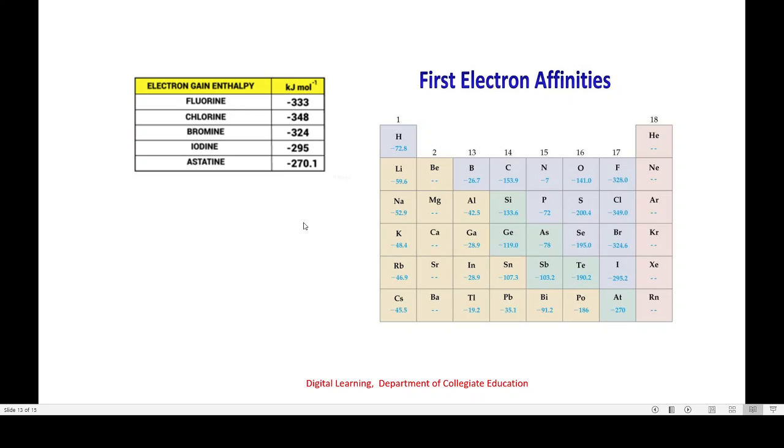Apart from the size of the atom discussed above, the electronic configuration of the elements also influences the first electron affinity considerably. When we take the noble gases, the inert elements, helium, neon, argon, krypton, xenon, radon, they have a stable ns2 np6 configuration.